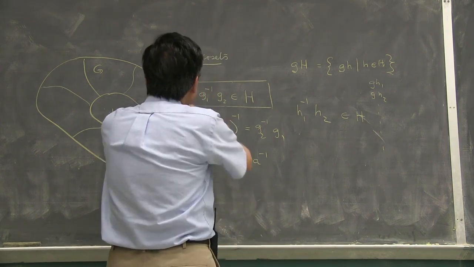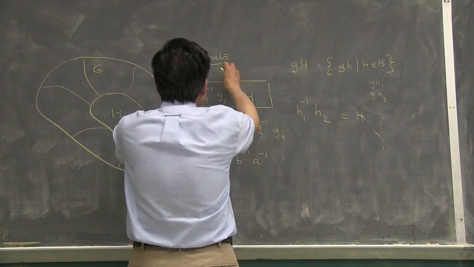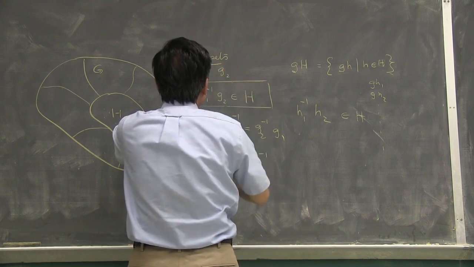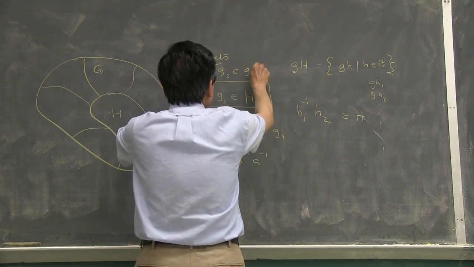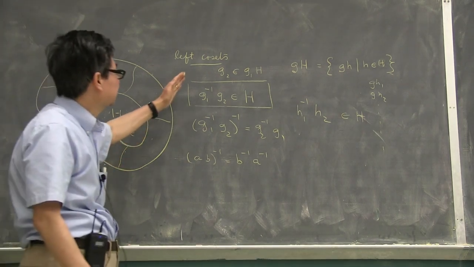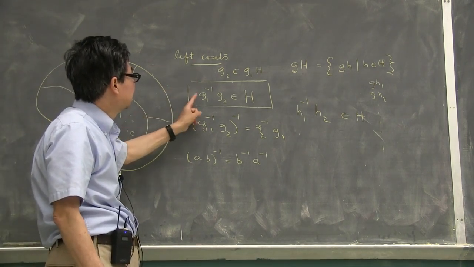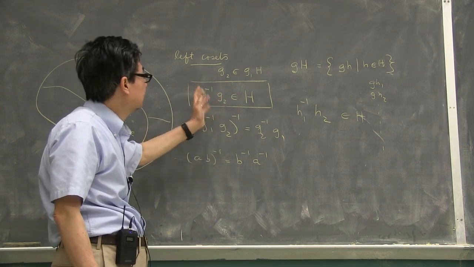The reason is this: you can multiply by g1 on the left. So here you have g2 must be in g1H, right? See how that is obtained? Multiplying by g1 on the left. So g1 inverse times g1 gives identity, so on the left side you're just left with g2.